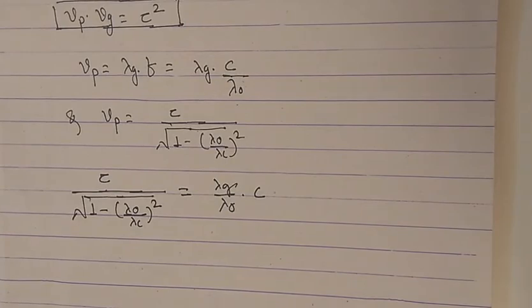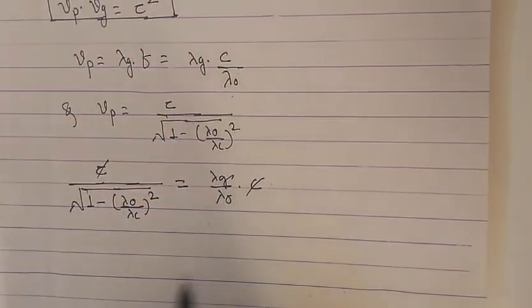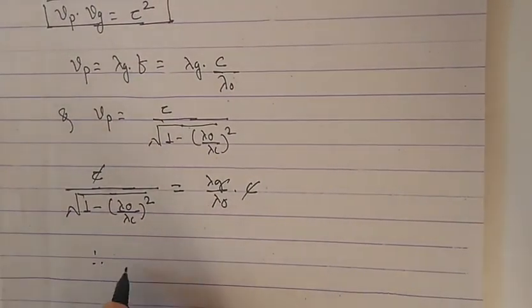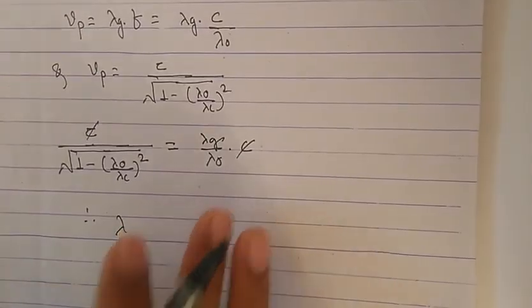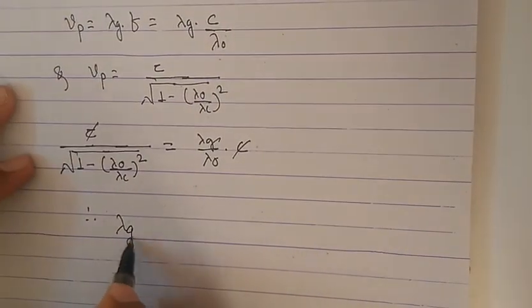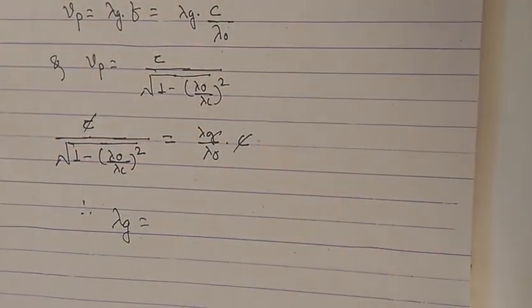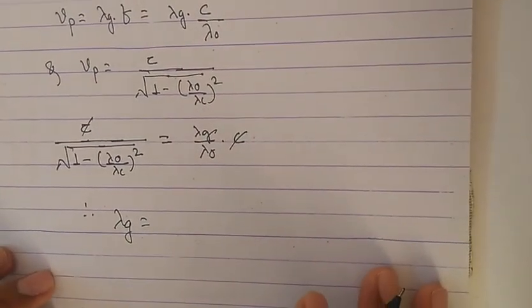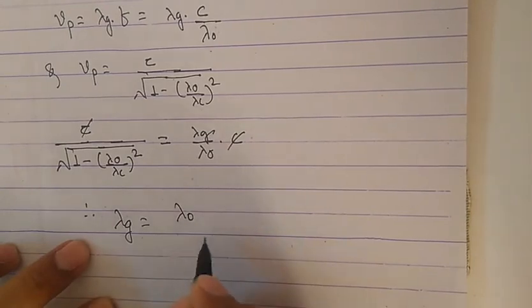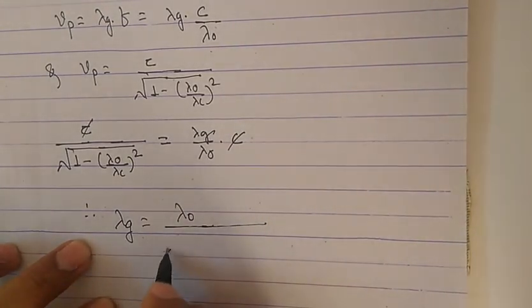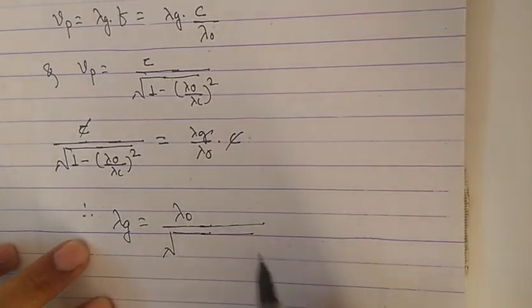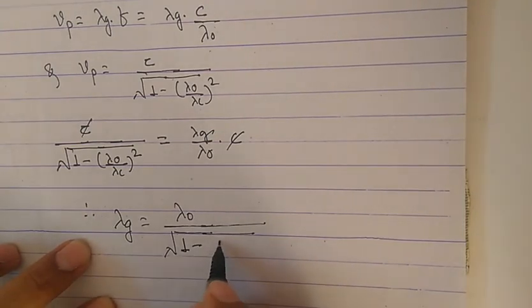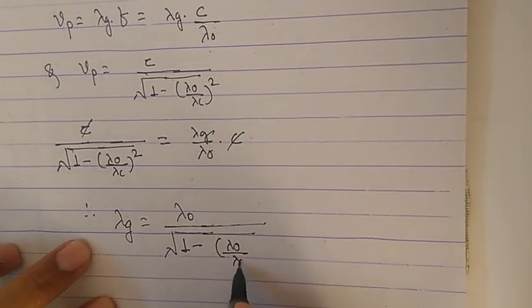So c can be cancelled out. Therefore lambda g is equal to lambda 0 upon under root of 1 minus lambda 0 by lambda c square.